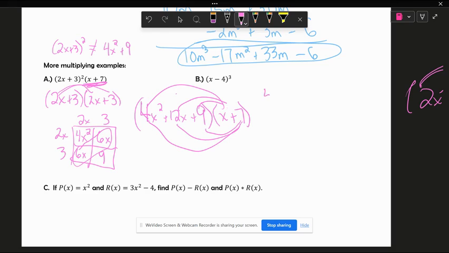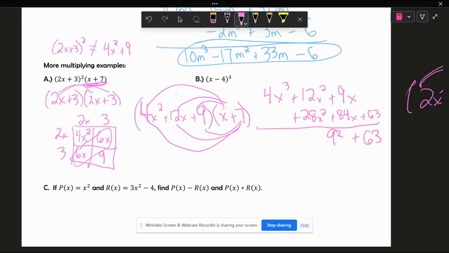We get 4x cubed plus 12x squared plus 9x when we multiply by the x. When we multiply by 7, we get 28x squared plus 84x plus 63. And of course, we add up our like terms, and we're looking at 4x cubed plus 40x squared plus 93x plus 63.